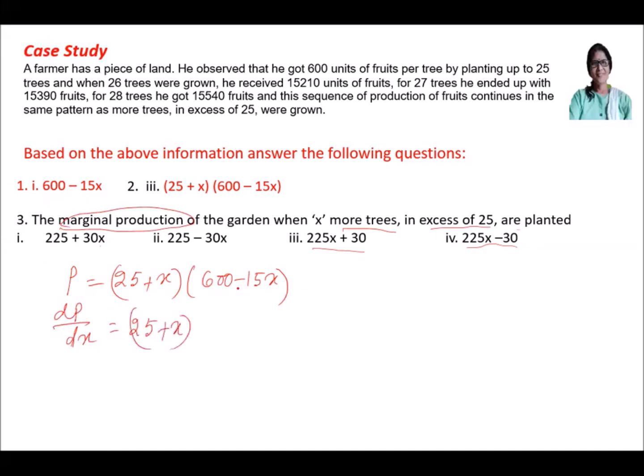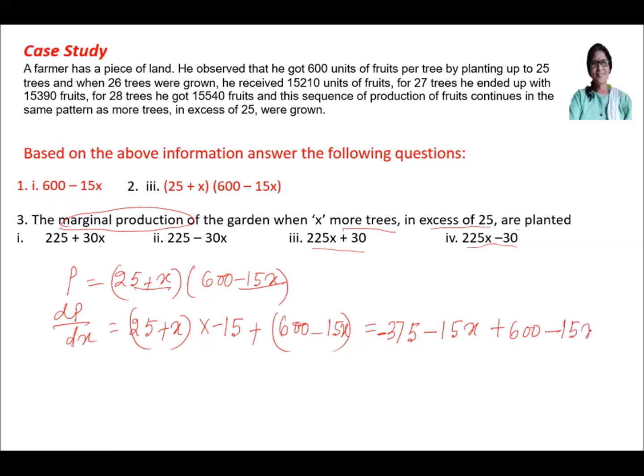So dP by dx is equal to 25 plus x, constant, derivative of 600 minus 15x is minus 15, plus 600 minus 15x, constant, derivative of 25 plus x is 1. Now simplify, it will be 25 into 15, 375 negative, minus 15x plus 600 minus 15x.